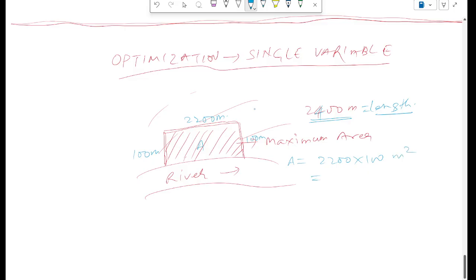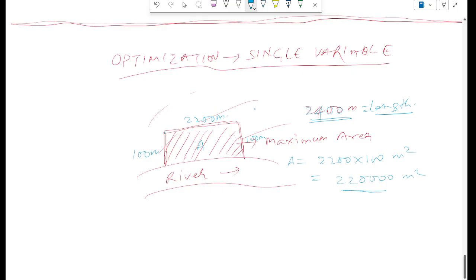This is one guess that let's take width 100 meter and length 2200 meter. So, we can exhaust all our fencing material 2400 meter. So, area will become 220,000 meter square, right?